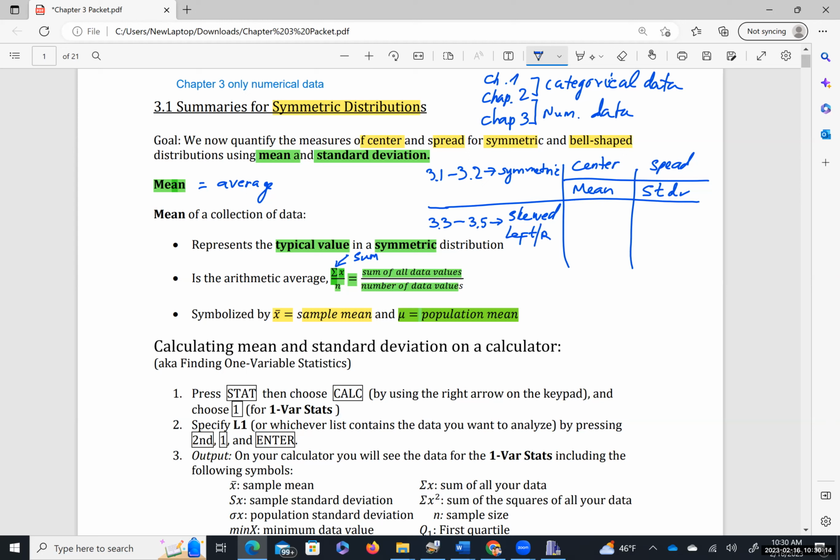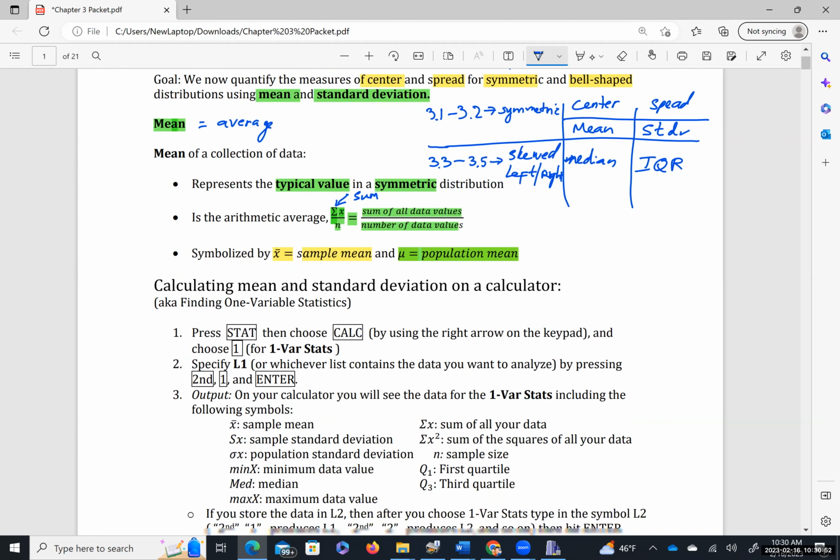I have talked about it in chapter 2, right? For center of skewed distributions, we're going to focus on using the median. And spread will be the IQR, the interquartile range. I'm going to talk about that more later, but for now this is the strategy for this chapter.